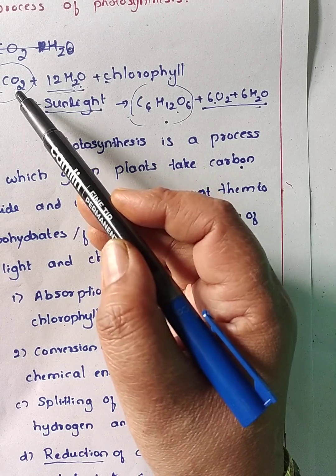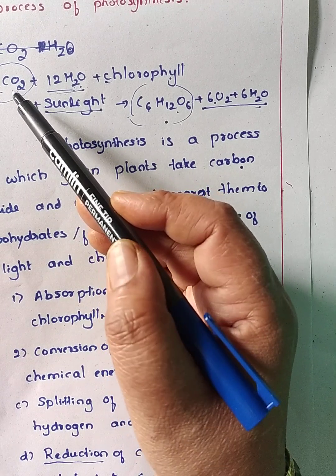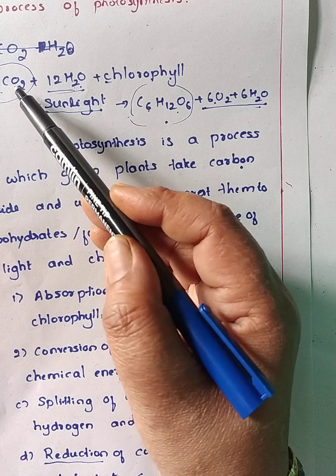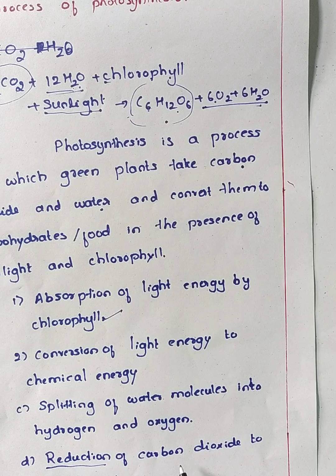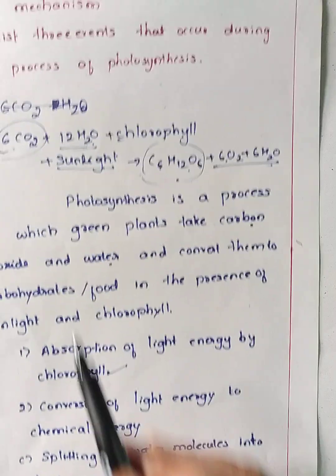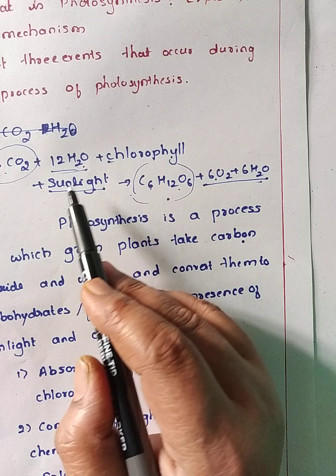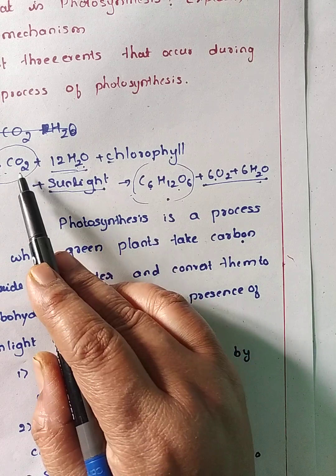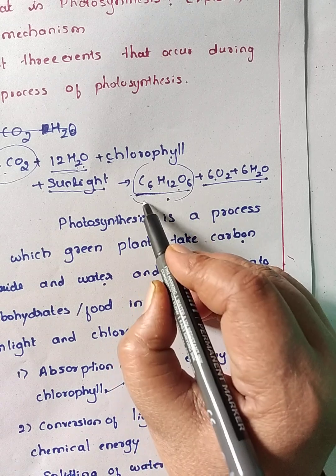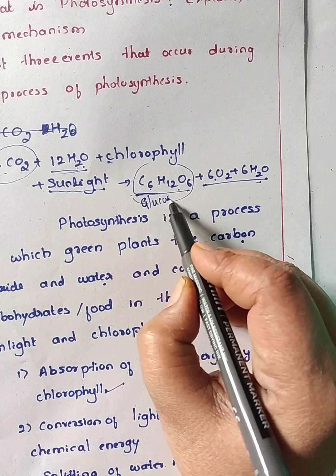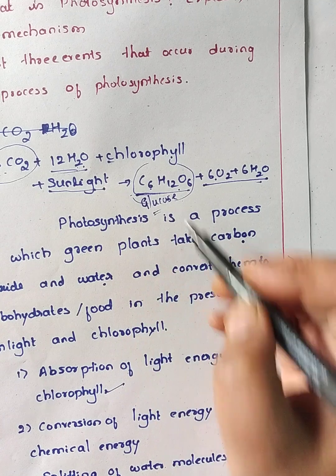Addition of hydrogen or removal of oxygen is called reduction. Just remember from the chemistry lessons. So that happens here, reduction of carbon dioxide to carbohydrate. Here hydrogen is added to CO2 and we will get C6H12O6. This is carbohydrate, or this is also called glucose. So this is the food.